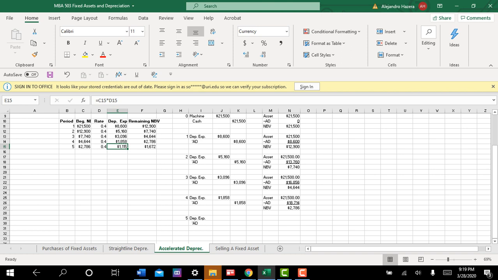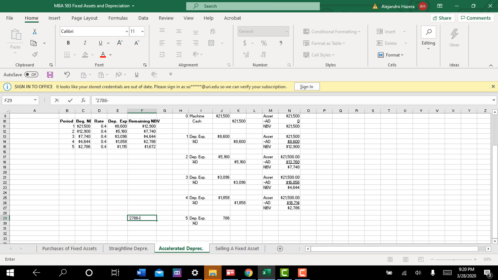So the only thing that we can do here is depreciate for 786. And that 786, I'll put it right here, that 786 is 2,786, what am I saying?